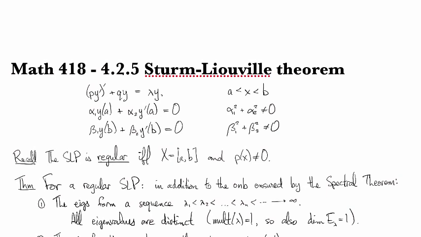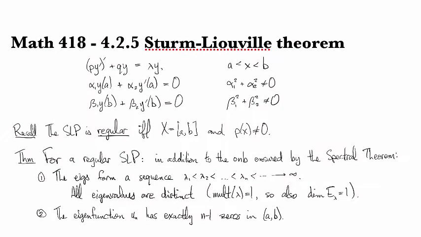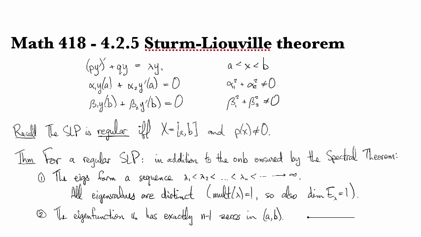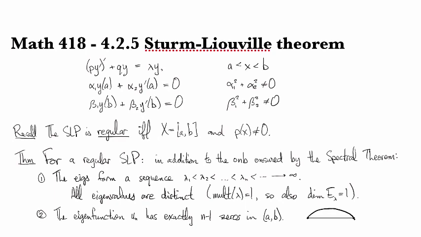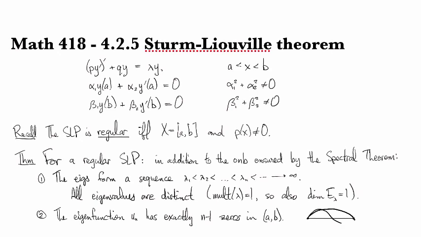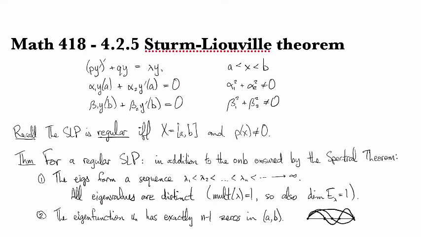If you remember back to our very first example, something like the Dirichlet boundary conditions, the eigenfunctions that we had for that one are, the first one is the sine. So that one has 0 zeros in the interior, right? But then when we go up to the next one, we have 1 zero, and then the next one has 2 zeros in the interior, and so forth.